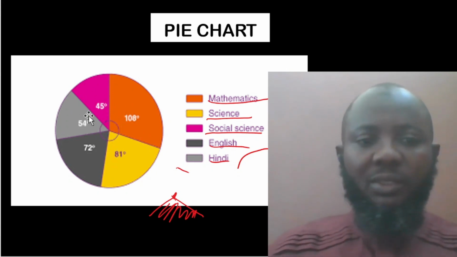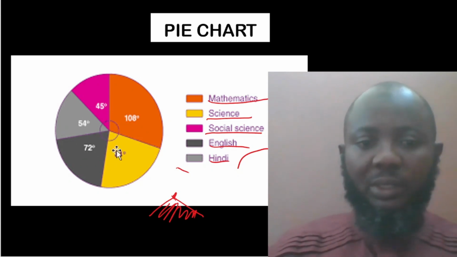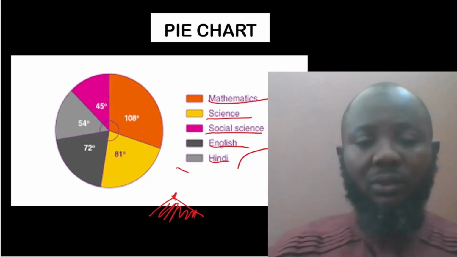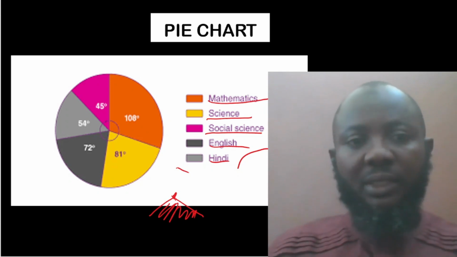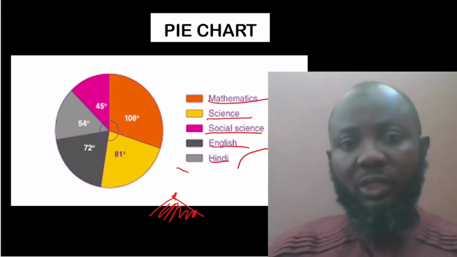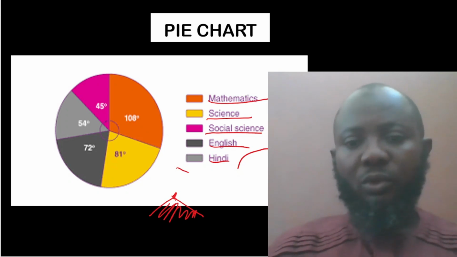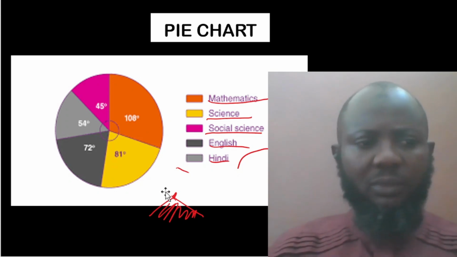If you add all the degrees together, it must give you 360, because the sum of angles at a point is 360 degrees. That is the reason why the total degrees in the circle will give us 360 degrees. So if we add all of them together, we must get 360 degrees. I hope I'm making sense.